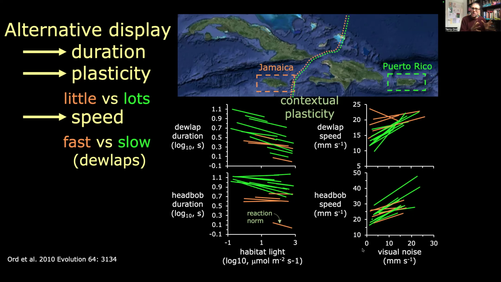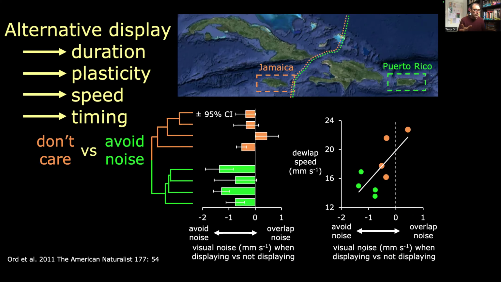In contrast, those from the orange clade, represented here by Jamaica, often have very little to no contextual plasticity, but they tend to have, on average, much faster elements, in particular the extension of that dewlap, which is, on average, a lot faster in the orange clade than it is in the green clade. And the significance will become obvious in just a moment.